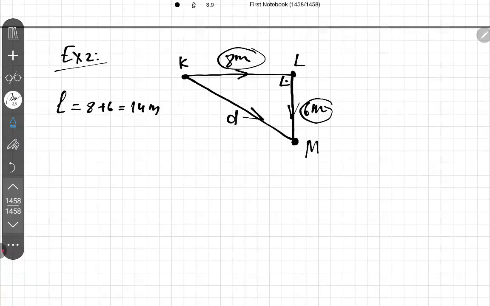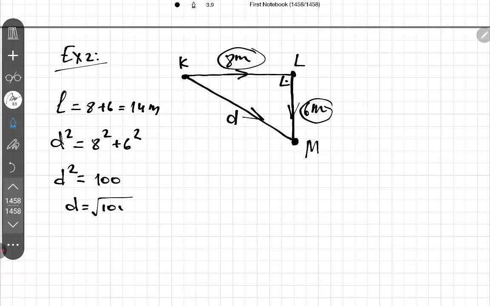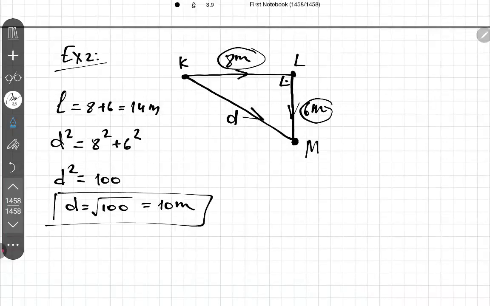Let's call it D. So let's apply the Pythagorean theorem. D squared equals 8 squared plus 6 squared. D squared equals 100 meters squared, and D equals the square root of 100, and it gives us 10 meters. So the displacement is equal to 10 meters.